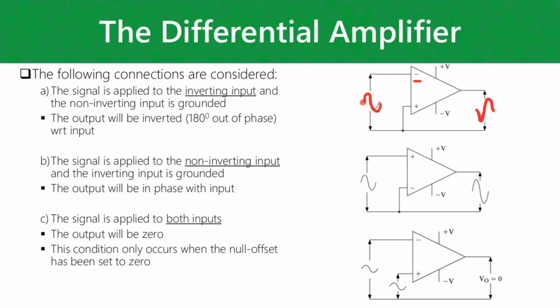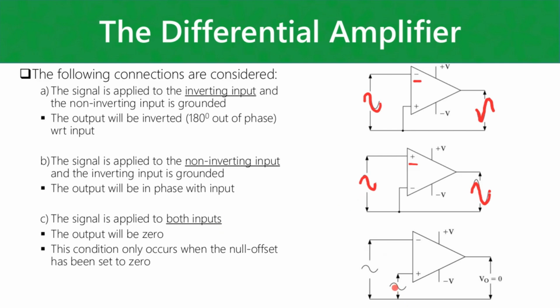So the positive of our input is now negative, and negative is now positive. Similarly, with a non-inverting input, your output is going to be an amplified replica of your input.